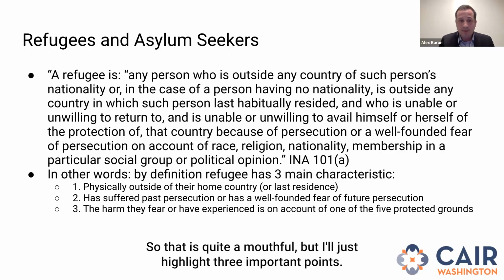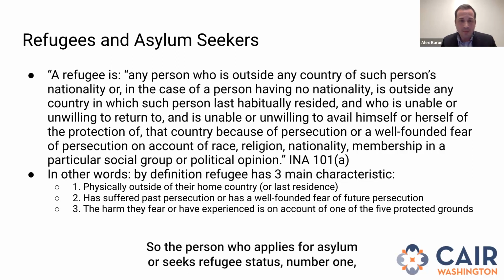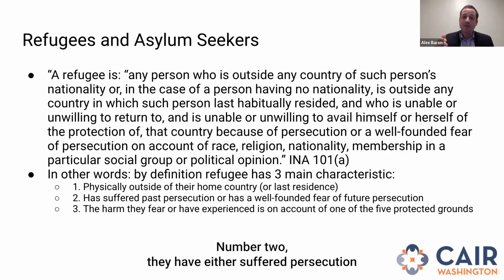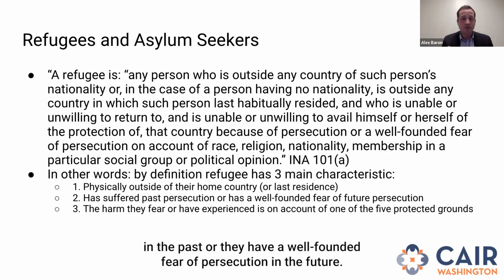So that is quite a mouthful, but I'll just highlight 3 important points. So the person who applies for asylum or seeks refugee status, number 1, has to be physically outside of their home country or their country of last residence. Number 2, they have either suffered persecution in the past or they have a well-founded fear of persecution in the future.